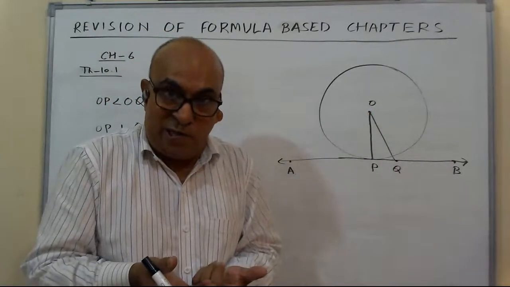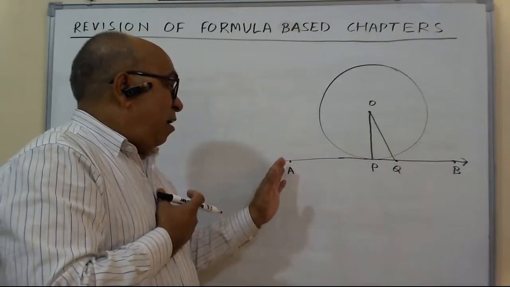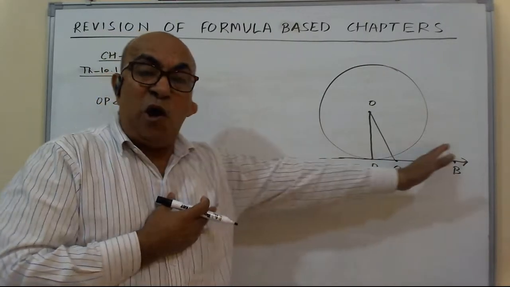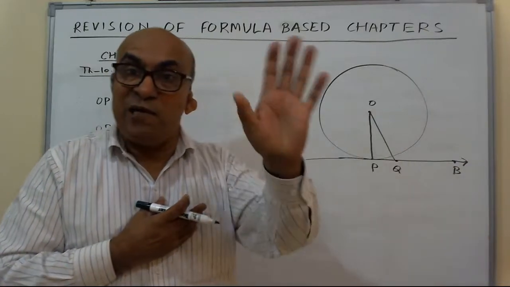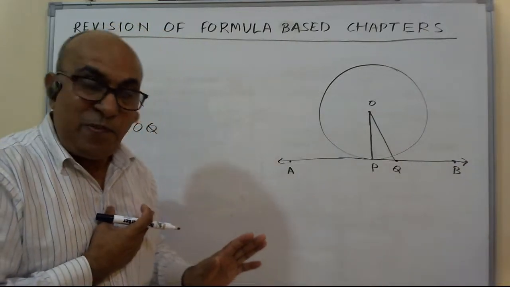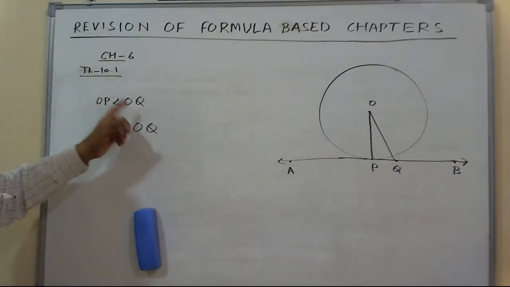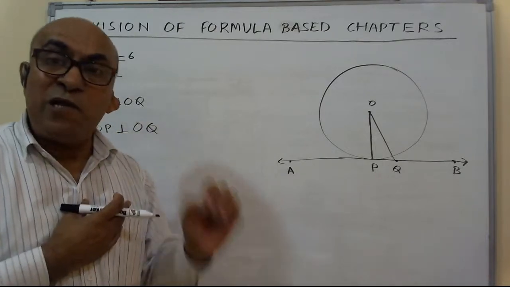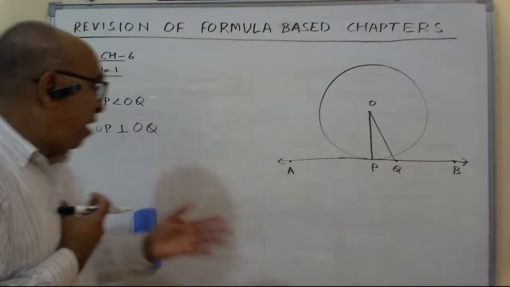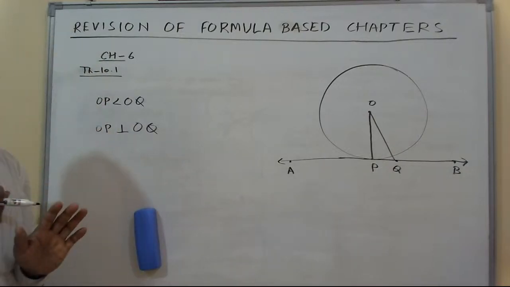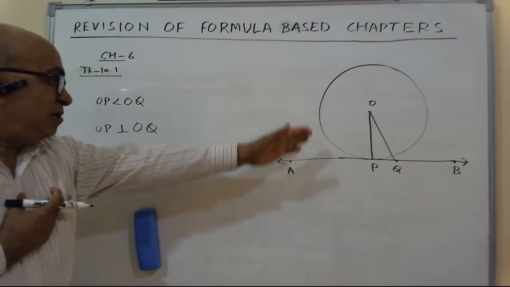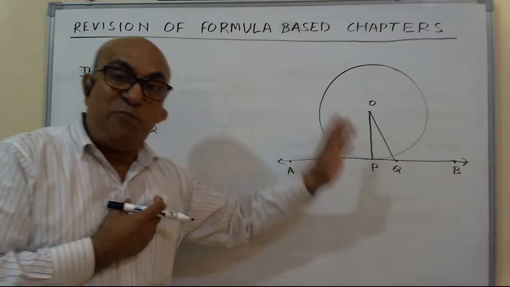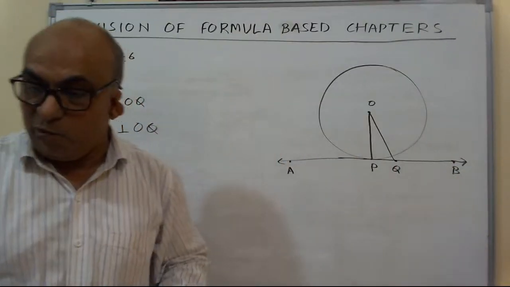Then you write your statement: except P, the remaining points on the tangent will be outside the circle. Therefore, OP is less than OQ. And the smallest distance is always the perpendicular distance. Hence, OP is perpendicular to OQ. That's why the radius is perpendicular to the tangent at the point of contact. This is the complete proof of this theorem.